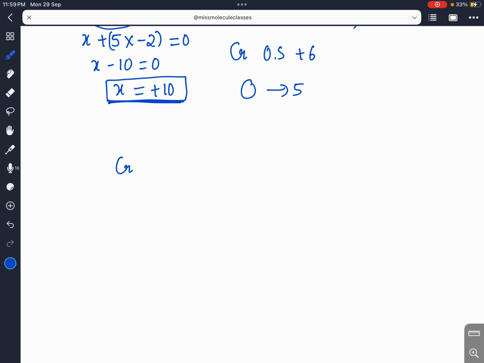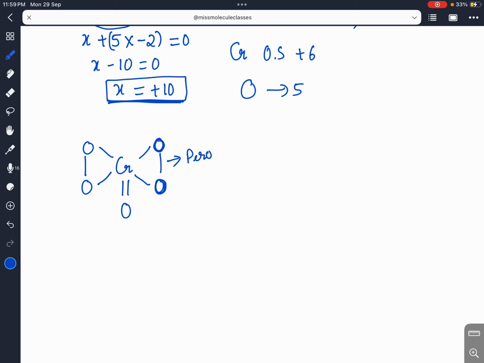Chromium here, the structure is like this. 4 oxygen atoms are attached like this by a bond called a peroxide bond. This O and O linkage is there. This oxygen and oxygen linkage is there. This is peroxide linkage.